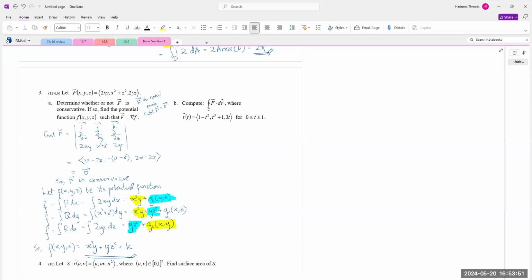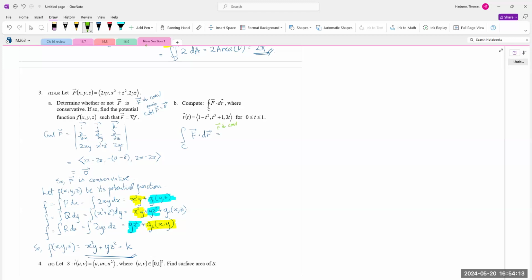So the integral over C of F dot dr is equal to, due to the fact that the vector field is conservative, the potential function at the terminal point minus the potential function at the initial point. So you don't even need to do the r prime thing. You can, but why?